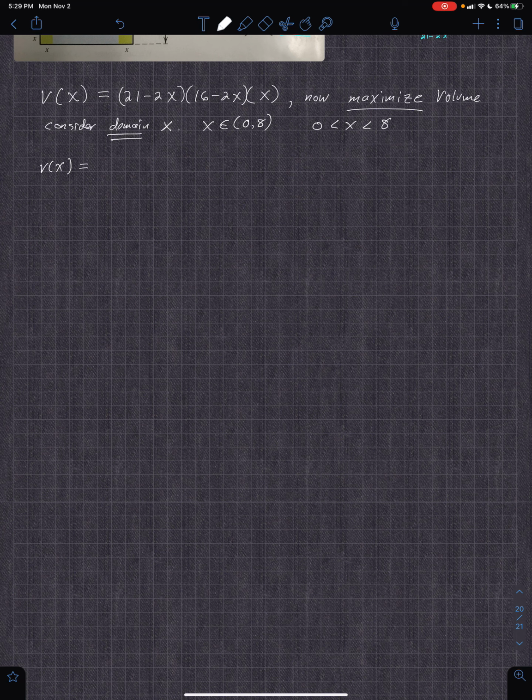So let's just multiply it out together. Try that, and then you can see you get this. You factor out a 2 in the whole thing, and I get 160. So verify this: 168x minus 37x squared plus 2x cubed.